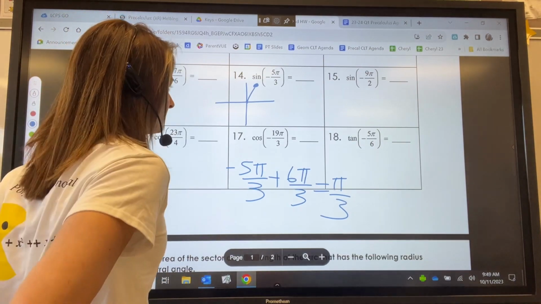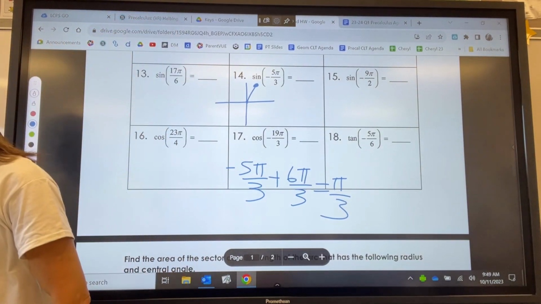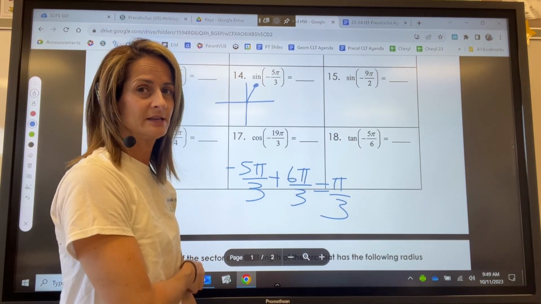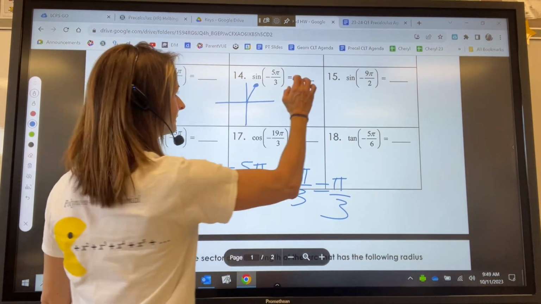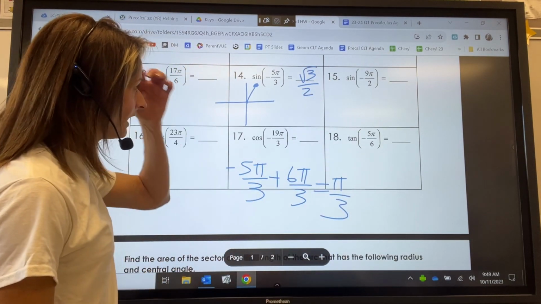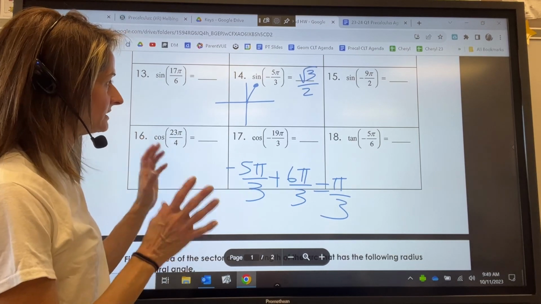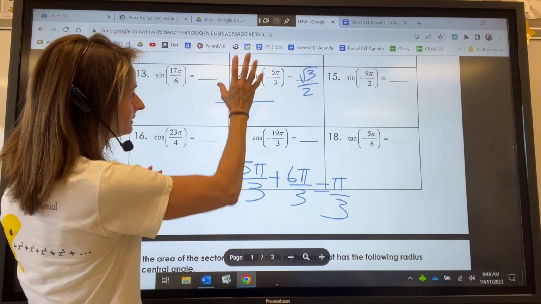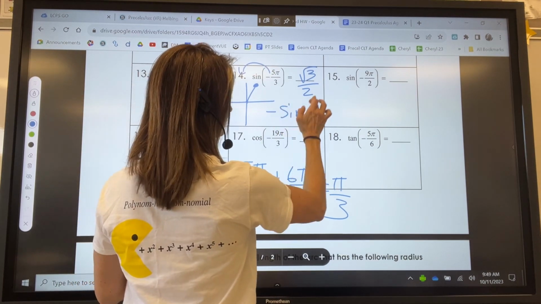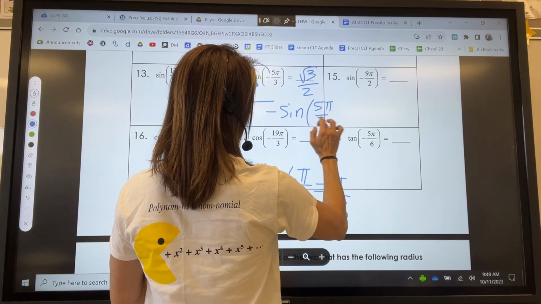So now, what's the sine of negative 5 pi over 3? Tall angle. Sine is y. We're going up. Long distance is root 3 over 2. Now, if you wanted to look at this in terms of even and odd functions, and you know that sine is odd, you could pull the negative out. This is negative sine of positive 5 pi over 3.